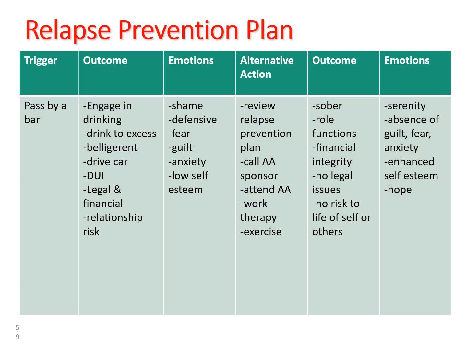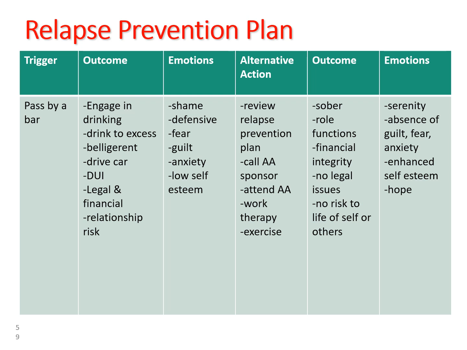Okay, this is an example of a relapse prevention plan. Somebody realizes their trigger is, driving home, they're tired, they pass by their bar, and they don't want to have to go in. They know the outcome that they don't want is to engage in drinking, and that's their list of all the bad things that can happen if they go in.